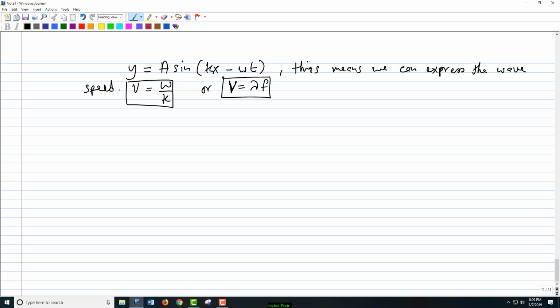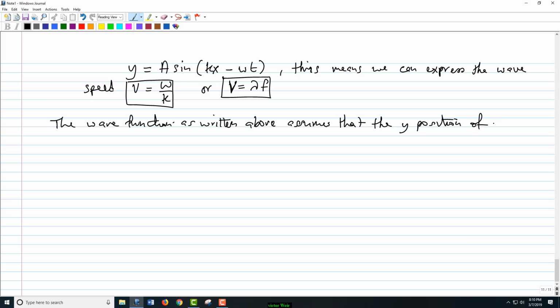The wave function as written above assumes that the y position of an element of the medium is equal to 0 at x equal to 0 and at t equal to 0.